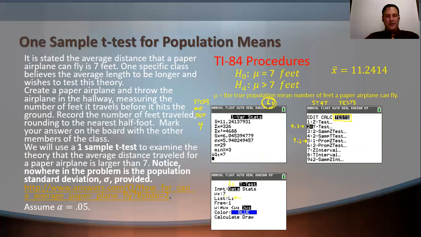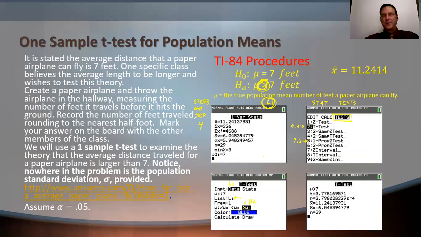You put the sample average of 7. Make sure you pick the right inequality. This has to match the HA, and that is a greater than sign, just as you see right there in the HA. If you go down and calculate, you notice you got something similar to what we had before. It's nearly the same.